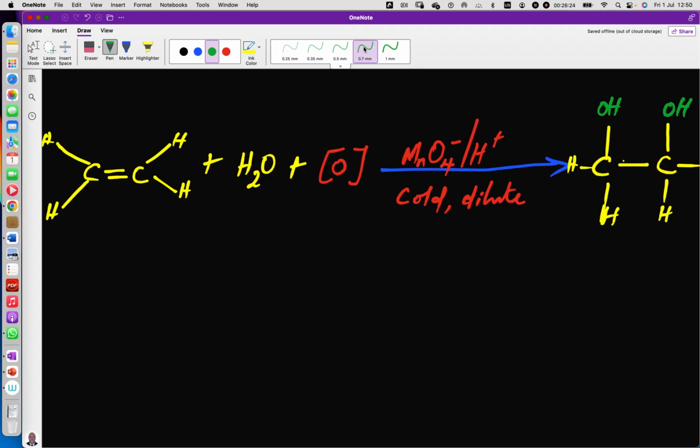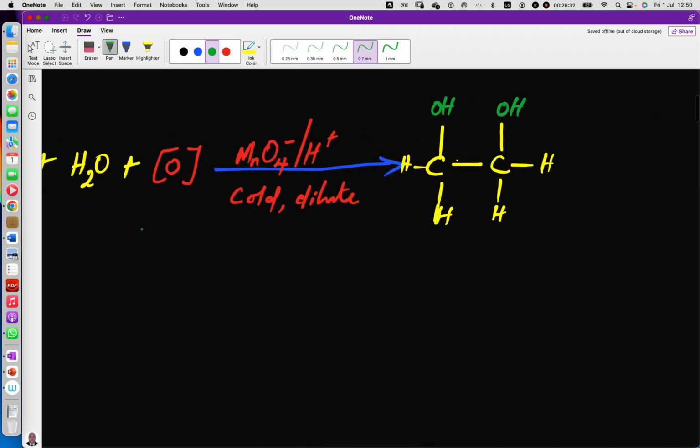This is ethene, and since ethene will now go to ethane, we'll call it ethane-1,2-diol.